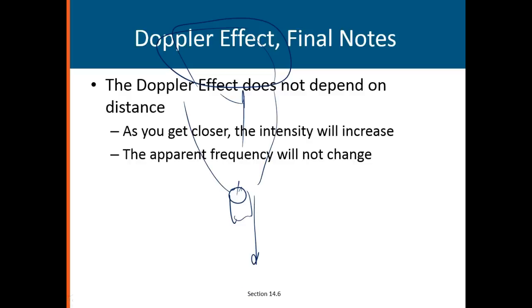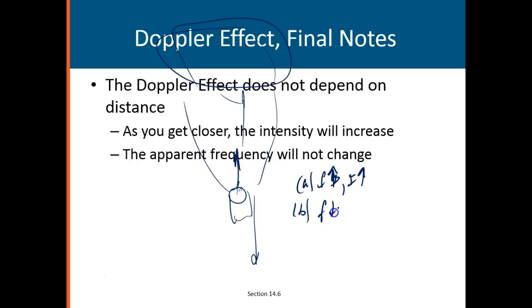Now, A was frequency increases, intensity increases. B was frequency decreases, but intensity increases.